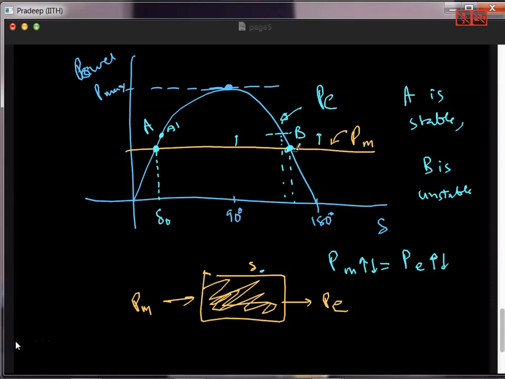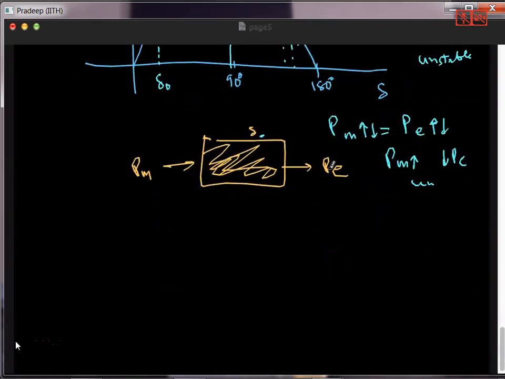So when delta is increasing, you will get another situation where an increase in PM will result in a reduction in PE. So actually I should show it like this: an increase in PM will increase the delta and it will reduce the electrical power, and this is unstable. So all the points on the left side of 90 degrees are stable points and on the right side of this are unstable points. So this is what is known as a power angle curve.